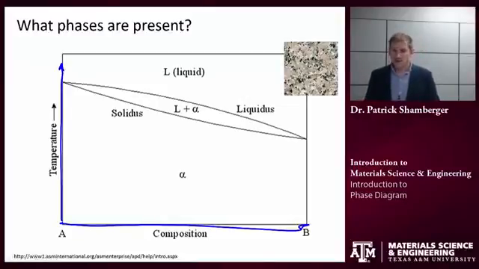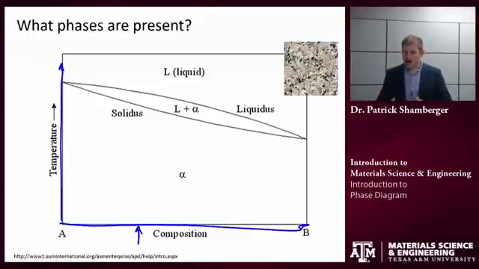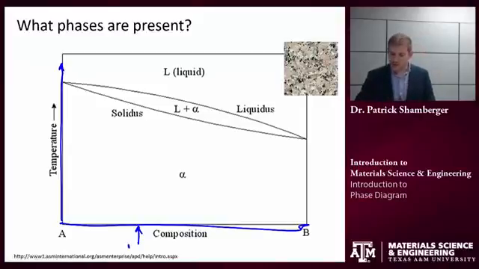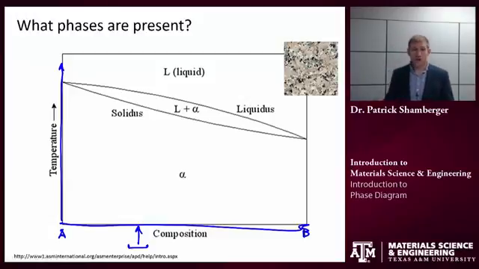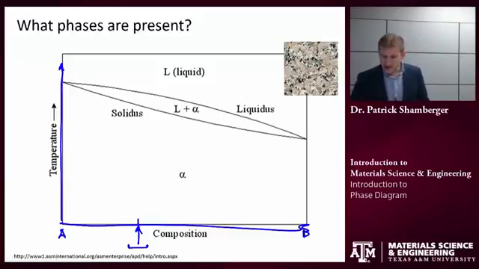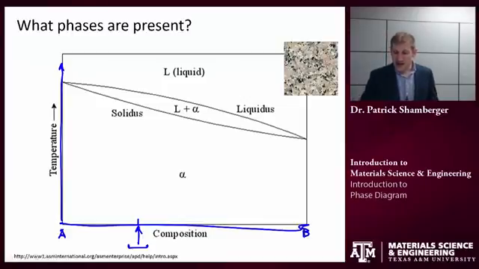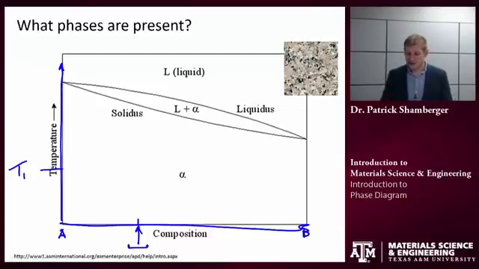How do I read what phases are present? I would consider a system. By a system, think about a closed box, and it has some overall composition. This composition is a mixture of whatever components are present in the system. So this is the composition of the system. I could say at some temperature T1, what phases are present?